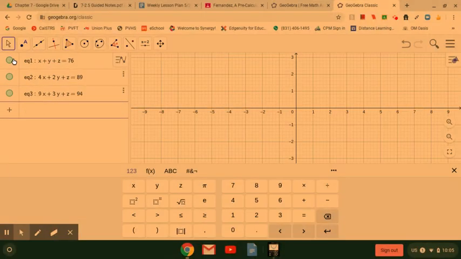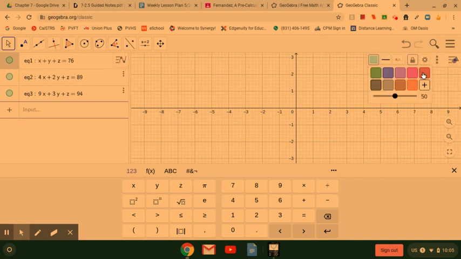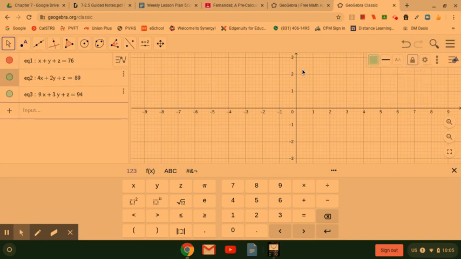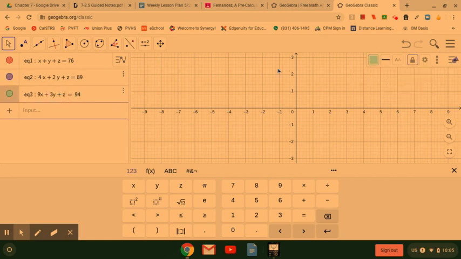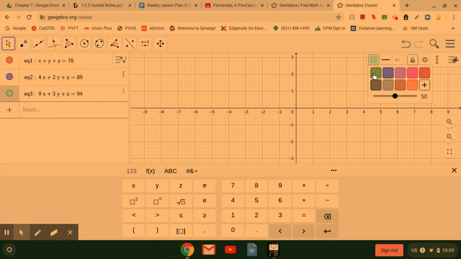Okay, I'm going to change the color. So these represent a plane in 3-dimensional space. Okay, so I'm going to use red, blue, and green, just because those colors make up every other color and they're distinct from each other.